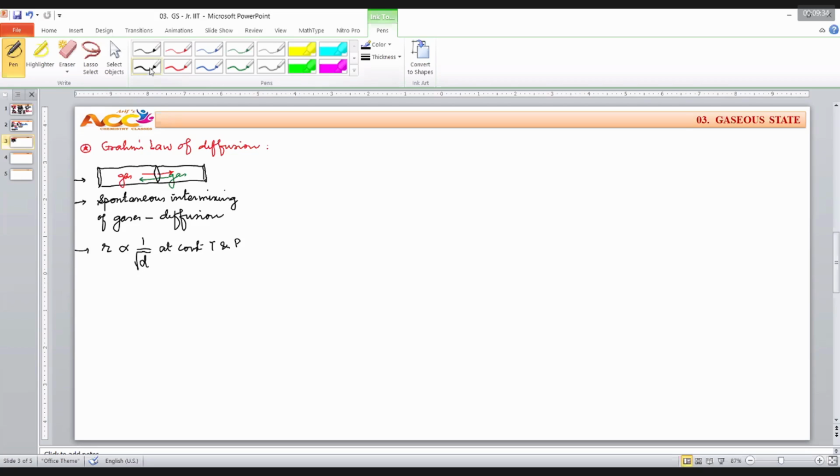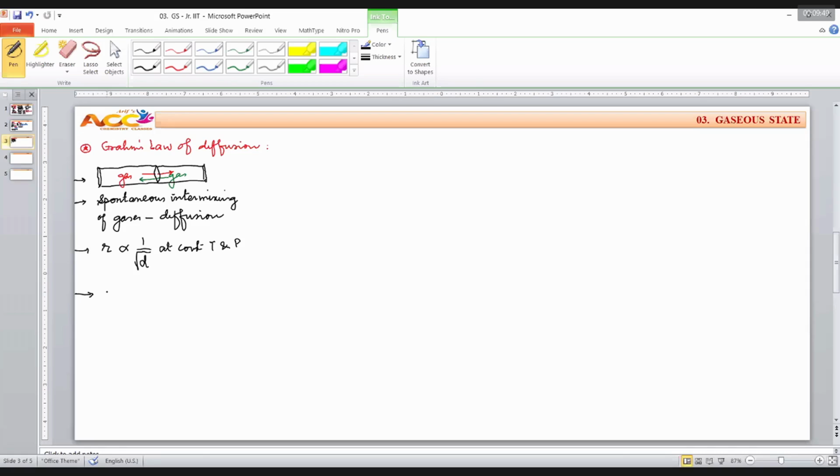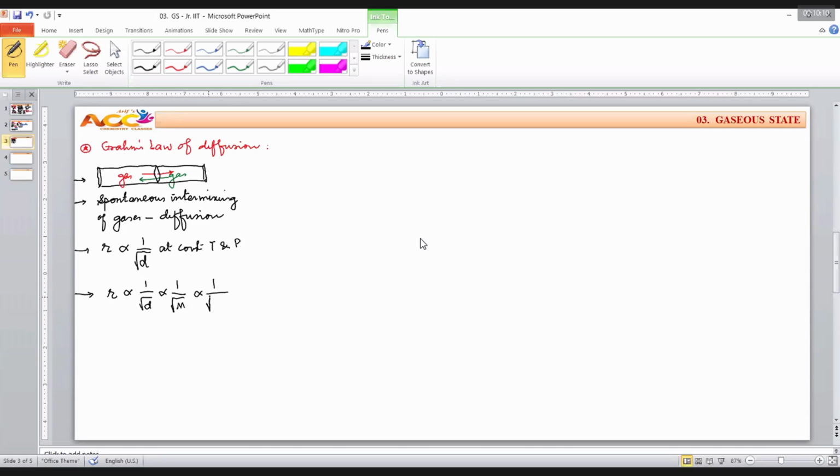Okay, nice. Once you understand this, you can say, sir, density can also be related to other parameters. Heaviness can be measured in terms of density, and it can also be discussed in terms of molecular mass. Very good. Another boy says, sir, can I discuss in terms of vapor density? I say, yes. Therefore, the rate of diffusion of a gas is inversely proportional to the square root of density, to the square root of molecular mass, or to the square root of vapor density.